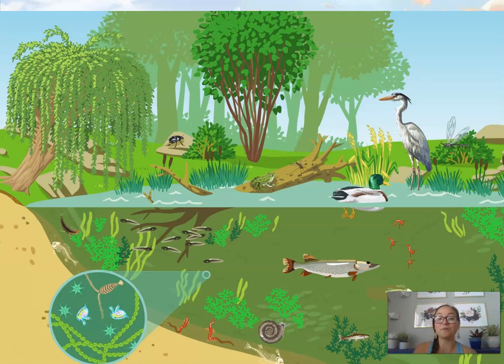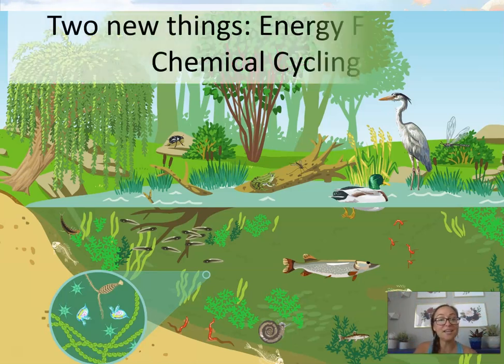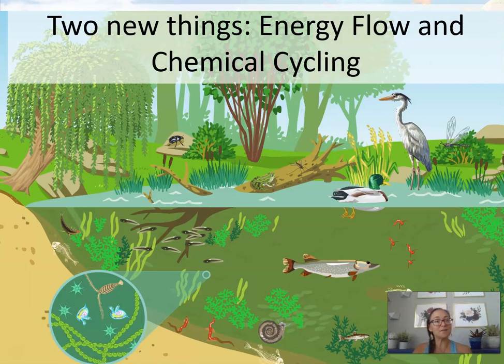Okay, so here though, we are focusing on ecosystem ecology. Basically, we're taking what we've learned in population ecology and community ecology, and now we're adding in two new things: energy flow and chemical cycling. So we're really focusing on available energy in an ecosystem and how that affects community dynamics as well as population dynamics.